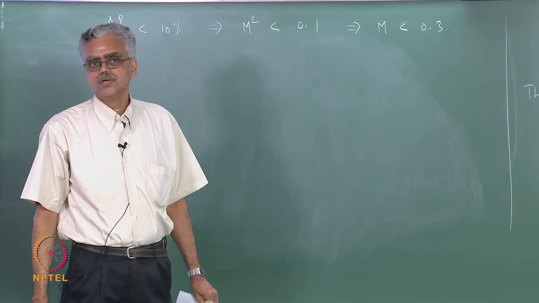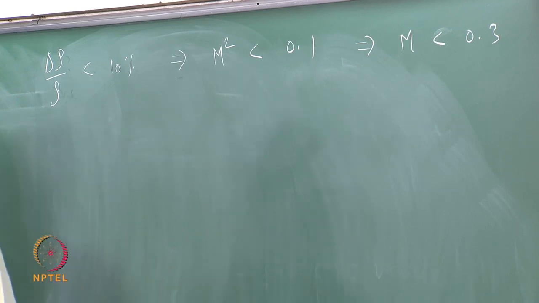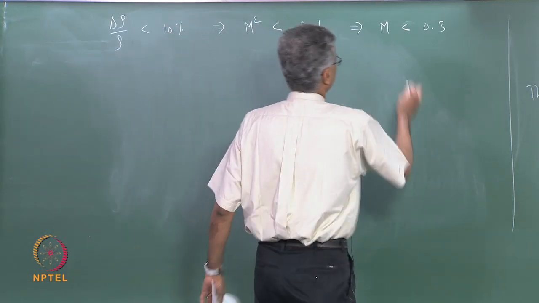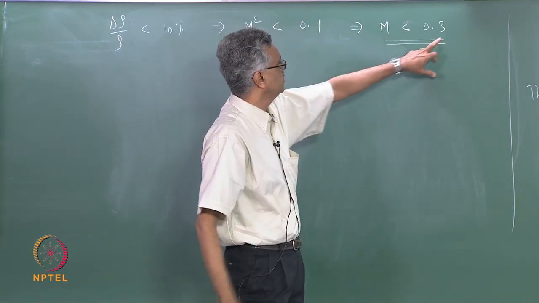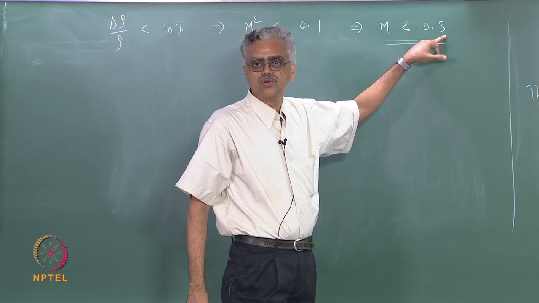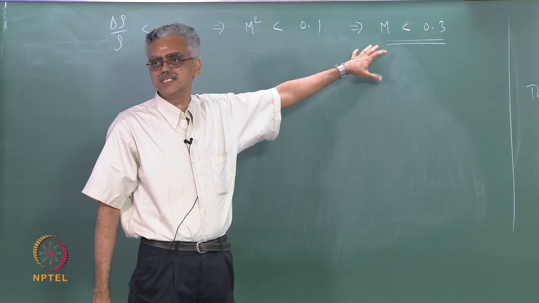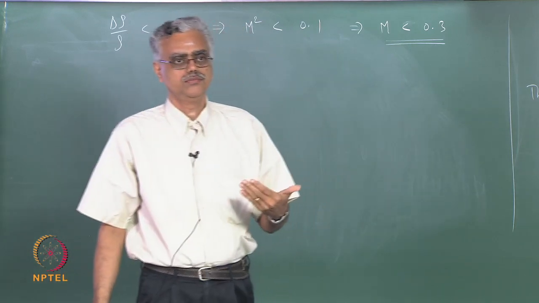So if the Mach number is less than 0.3, then in general compressibility effects in the flow can be ignored. That is where this argument comes from, that M is less than 0.3, because if I square this I get something like 0.09, which is close to 0.1.